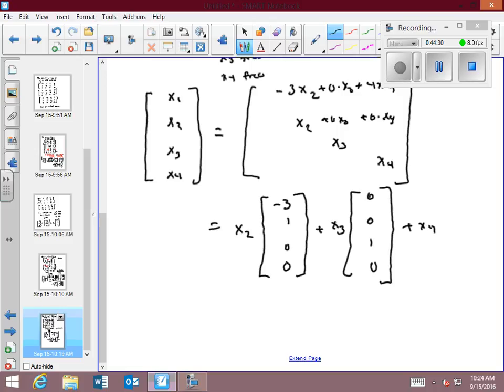Then x4: 4, 0, 0, 1. I think this is supposed to be a 4 up here at the top. See, because it's right up here.